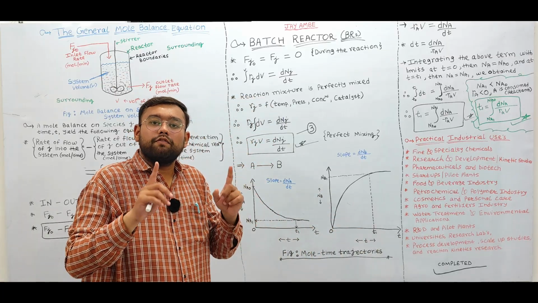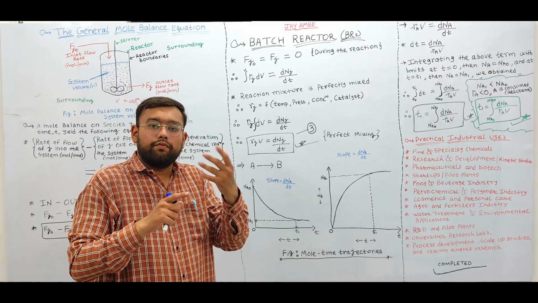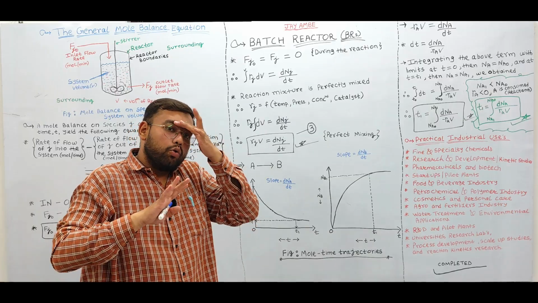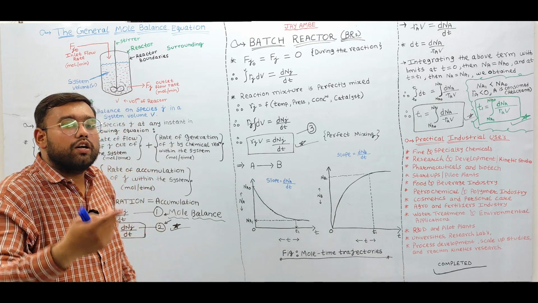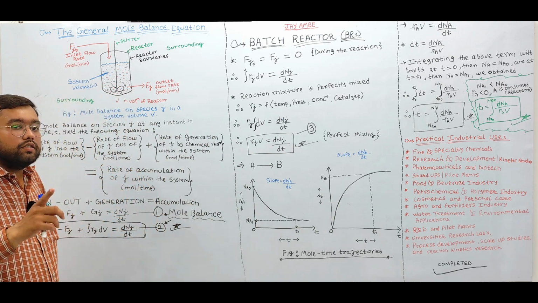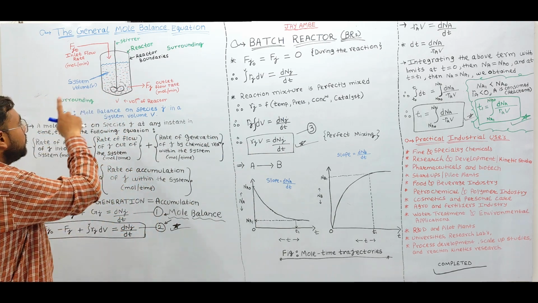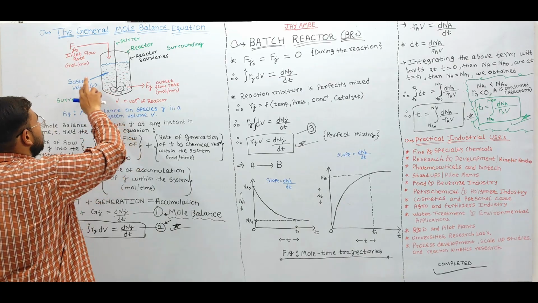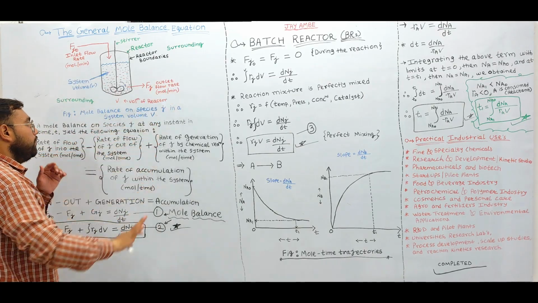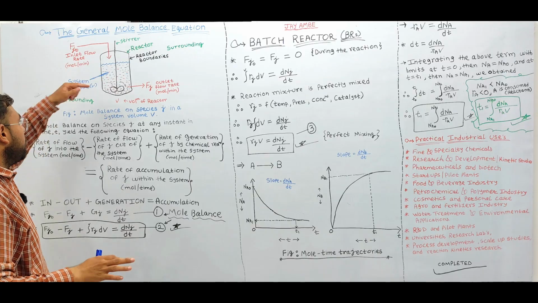But in the case of the batch reactor, once the reactants are fed into the reactor, no further reactants will be charged during the progress of the reaction. So there will be no inlet flow rate and no outlet flow rate, and the reaction will take place.